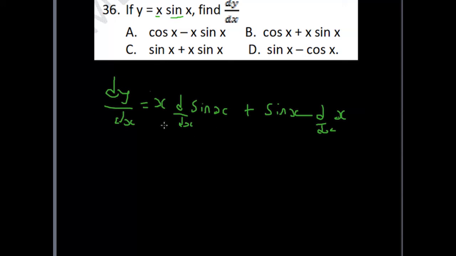That's just what the product rule is saying. So x times the derivative of sine x, that's cos x. Then take sine x, the derivative of x is 1, which makes it x cos x plus sine x. Wow, this also doesn't have an answer from what I'm seeing here.